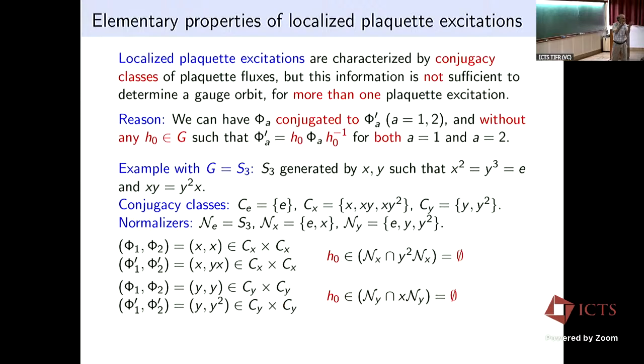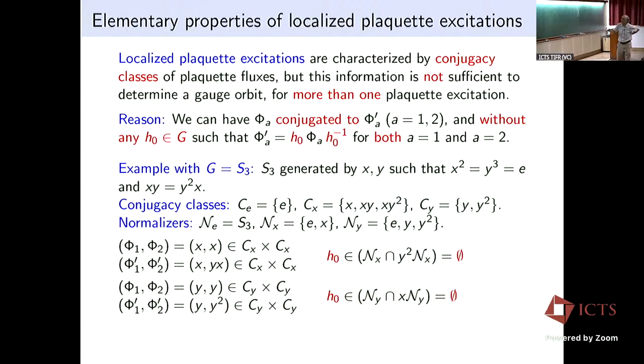S3 is the permutation group of three elements. It has 6 elements, 6 permutations. You have the identity permutation, you have the 3 transpositions, and you have the 2 cycles. And I choose generators, 1 transposition, 1 cycle, and you have 3 conjugacy classes.